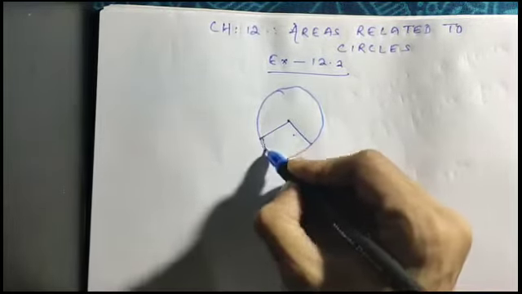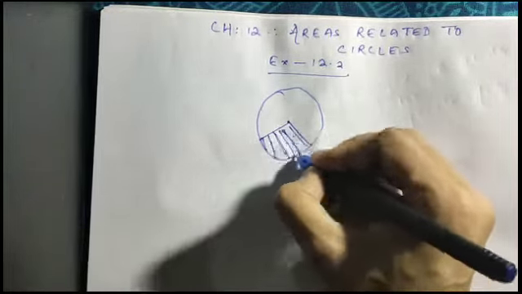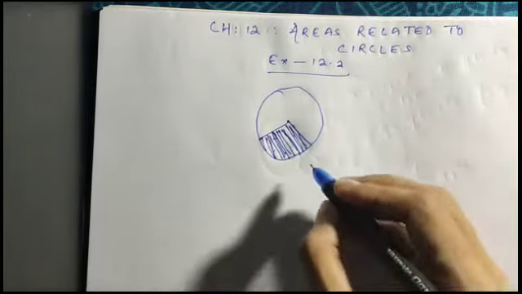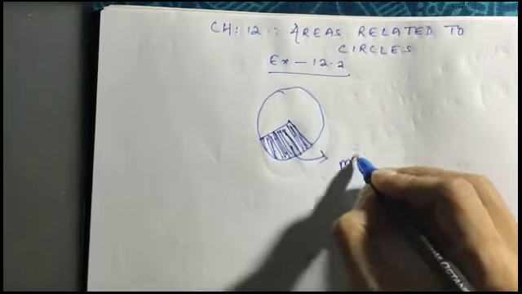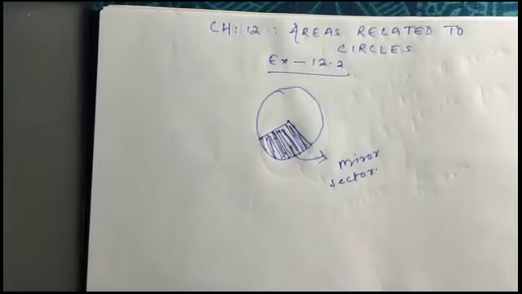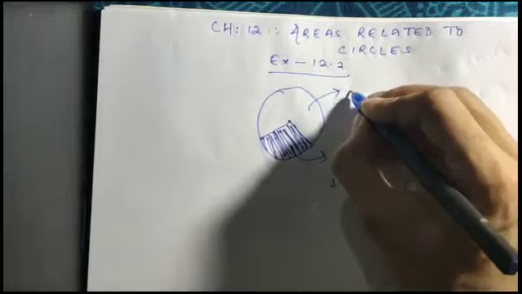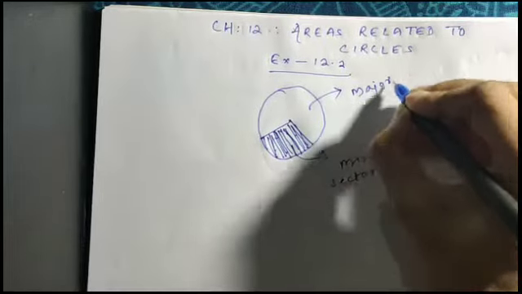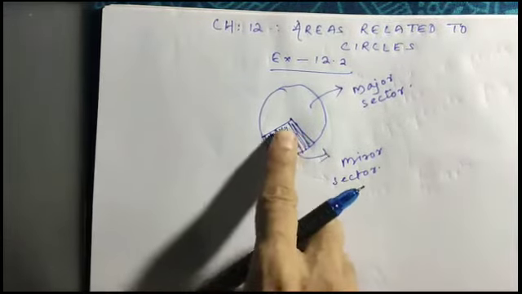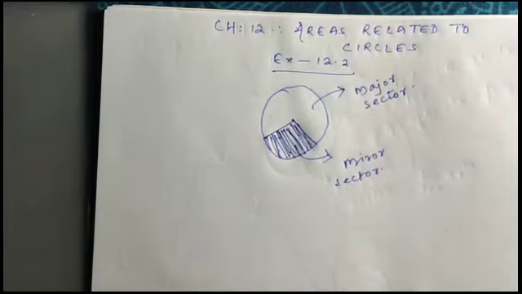Now you can see this shaded portion. This shaded portion is the minor sector, and this unshaded portion is the major sector.